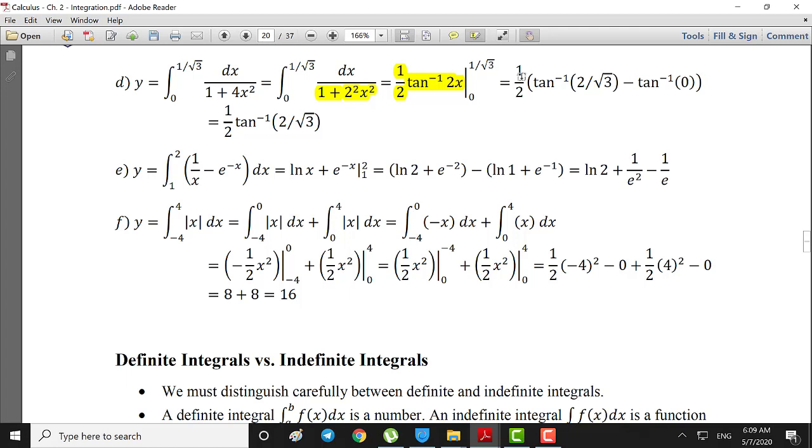That would be equal to 1 over 2 arctangent of 2 times 1 over the square root of 3, minus arctangent of 2 times 0, which is arctangent of 0. Now, arctangent of 0 is equal to what?